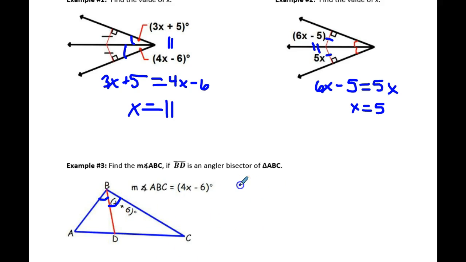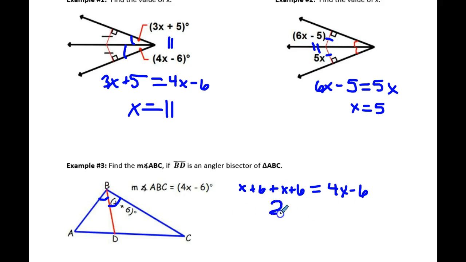So I know that x plus 6 plus whatever this angle is equals 4x minus 6. But it's actually the same angle. So you can either write 2 times x plus 6, or you could say x plus 6 plus x plus 6. And that's going to be equal to my bigger angle of 4x minus 6.